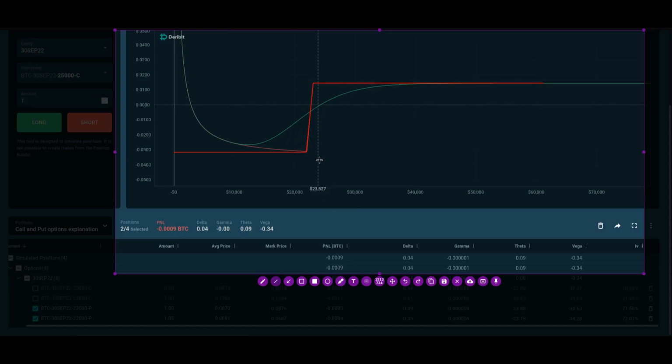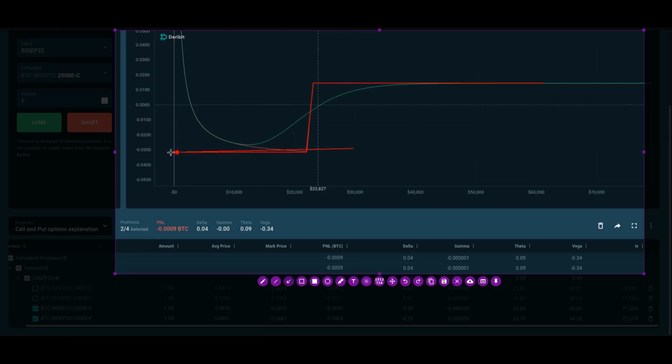So what we have in this situation: we sold a put here, in case the price goes up, basically in our long position we earn the premium as our profit. In case the price goes down, to limit our losses we have to buy a put at another strike, in our example the 22,000 strike.